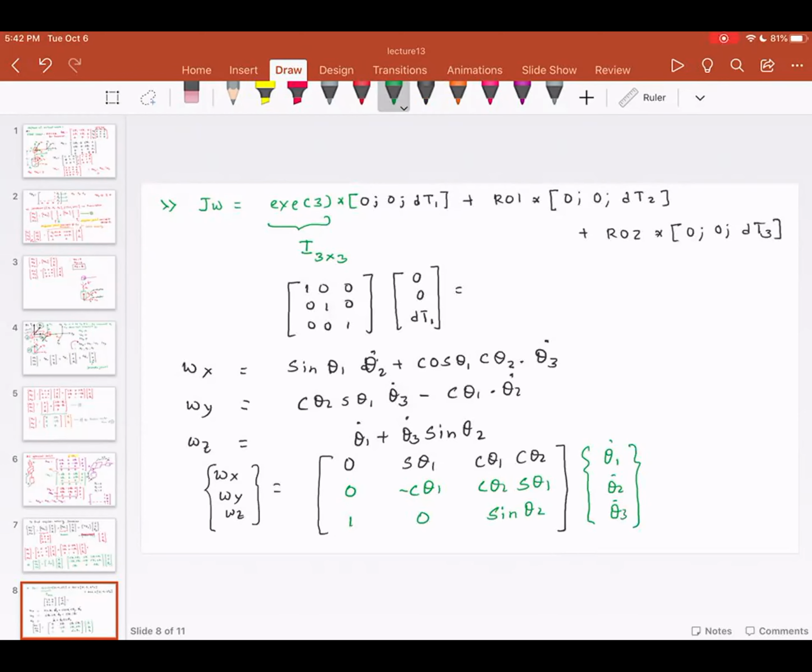Okay, I'm going to stop here and we will look at the alternate formulation for the Jacobian and the static force analysis in the next class.